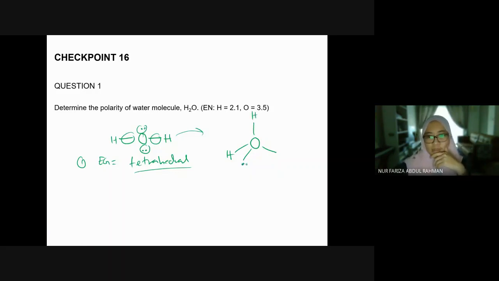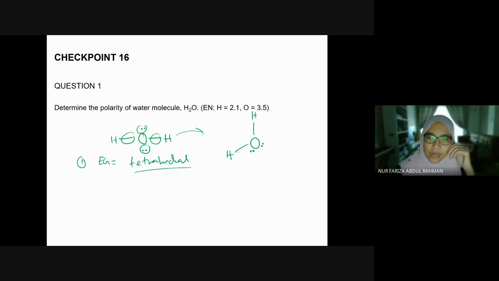This is a lone pair, this is a lone pair. Adjust it nicely.